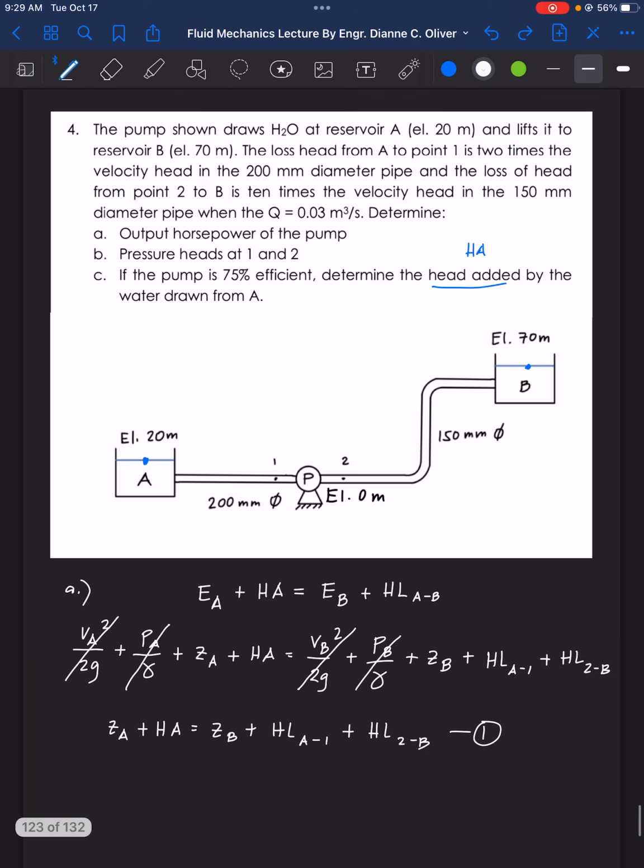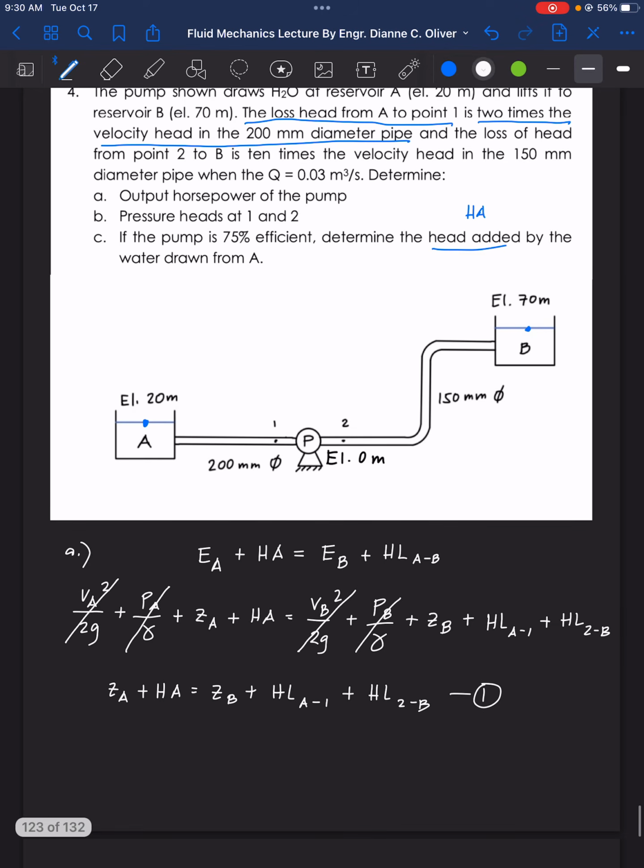So there is a condition here that the loss head from A to point 1 is 2 times the velocity head in the 200 mm pipe. So how do we show that?